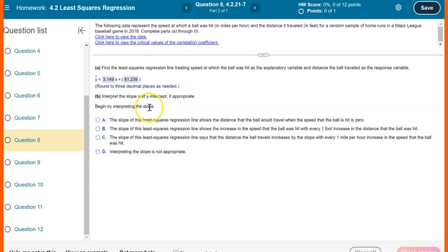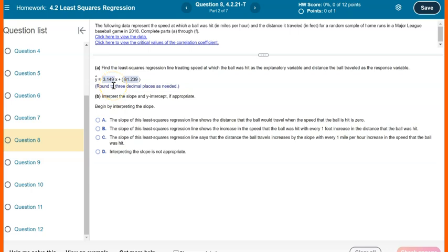Now interpret the slope and y-intercept if appropriate. Let's interpret the slope. That's the slope, 3.149. In other words, how much distance the ball travels with an increase in speed by 1 mile per hour. If you increase the speed by 1 mile per hour, the distance traveled by the ball increases by this much on average.